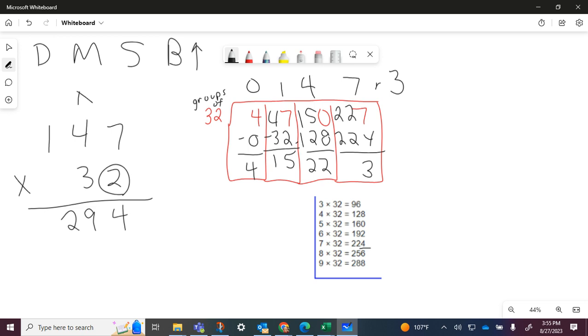Cross that out, cross that out. Go to your tens place. 3 times 7 is 21. 3 times 4 is 12, 13, 14. 3 times 1 is 3, plus 1 more is 4. Add them up.